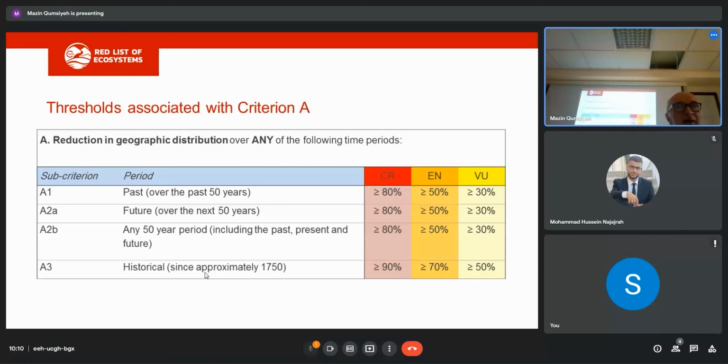Okay? Yes. Reduction in geographic distribution, and the invasive species play a major role in this. Let's take an example, like plant forest. That changes the whole ecosystem of a certain area, which can happen, and it's already happening in some places in the world. So the function is changed. It's another criterion.